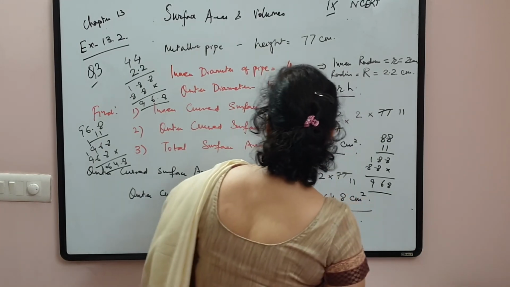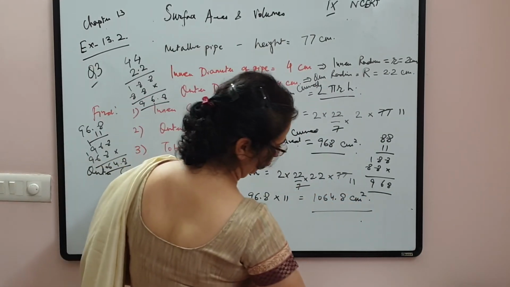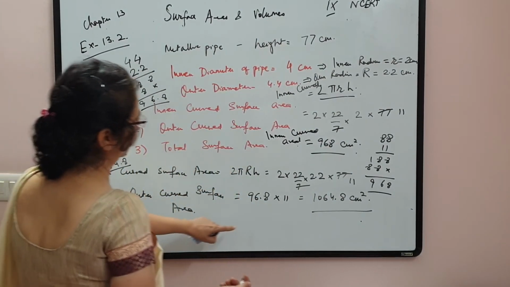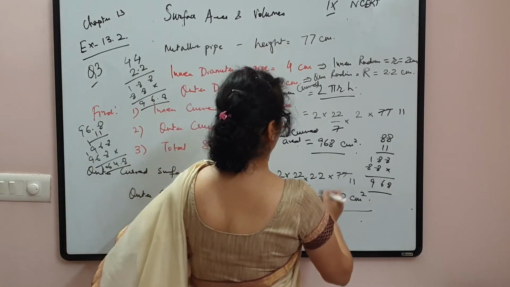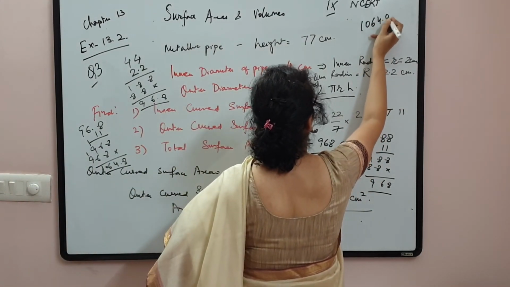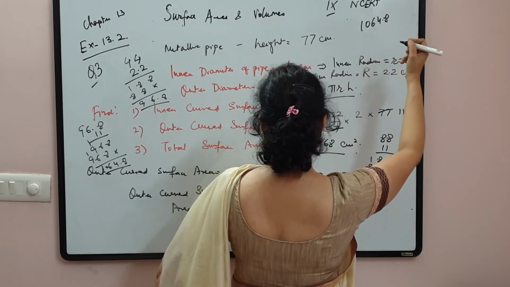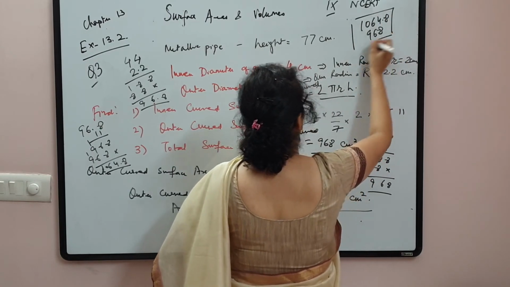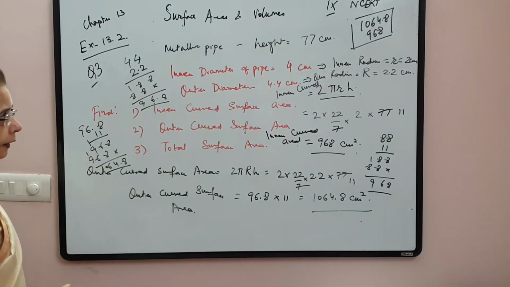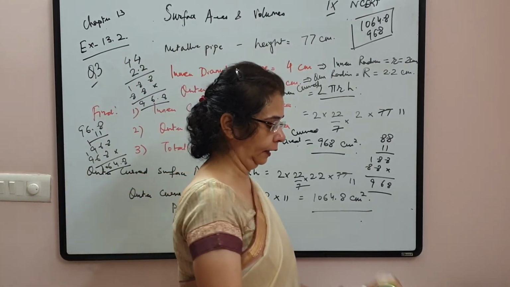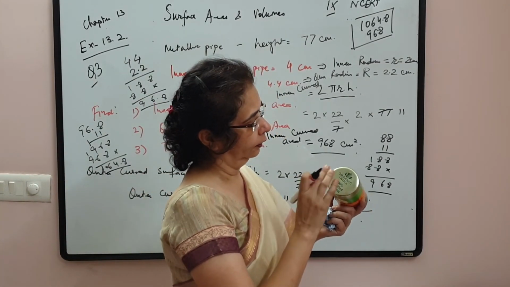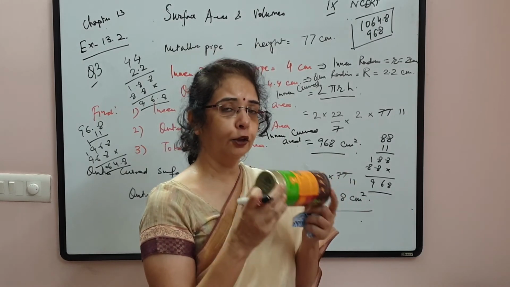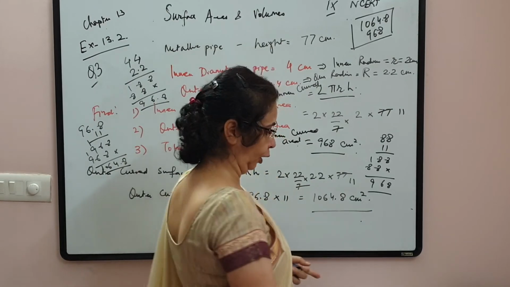Let me tell you. First, children, because we have to find out the total surface area of this pipe, we have to remember that outer surface area is 1064.8, which we have just calculated. The inner one is 968. These are two constituents of the total surface area, and the other factor of the total area is the area of the circular ends of this pipe that we are talking about.